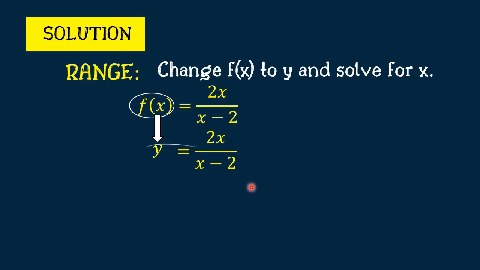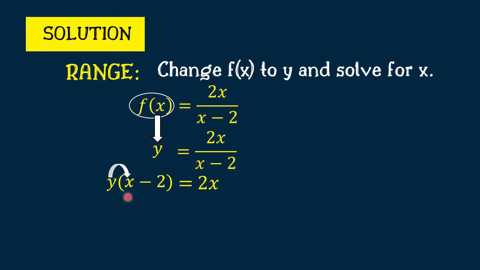To solve for x, we have to use the shortcut. Using the butterfly method, we have to multiply y to the denominator x minus 2. So it will become y times the quantity of x minus 2, and simply copy equals 2x. Next, we have to simplify this part of the equation using the distribution property of multiplication.